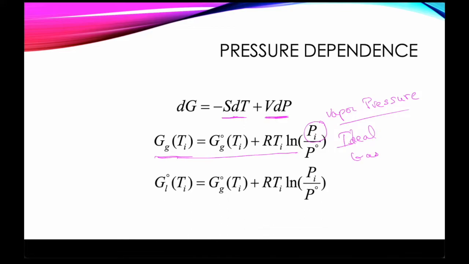So we know that, because the liquid Gibbs energy is equal to the vapor Gibbs energy at equilibrium, therefore the liquid Gibbs energy is equal to that expression, which incorporates the initial vapor pressure of our water.